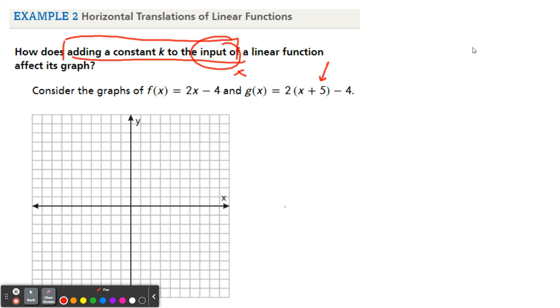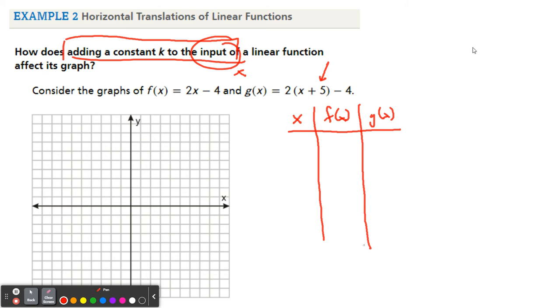Well, let's just make an input-output table for our functions. We're going to put an x column, an f of x column, and a g of x column. Let's start at -2 and plug -2 into our function f.